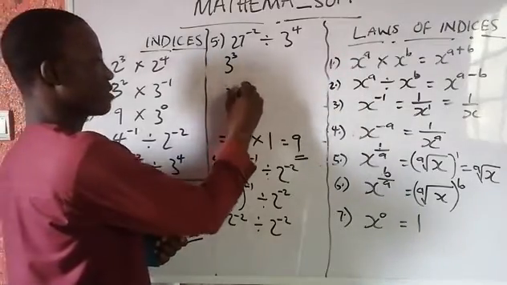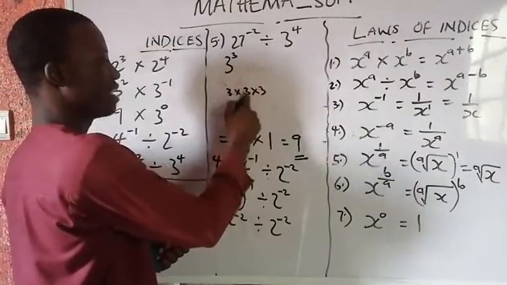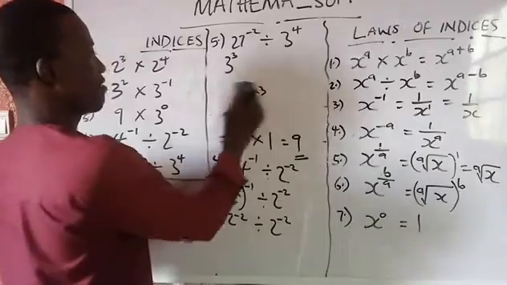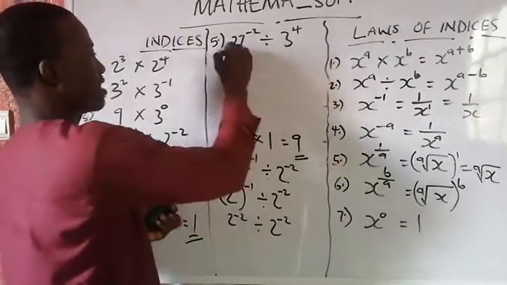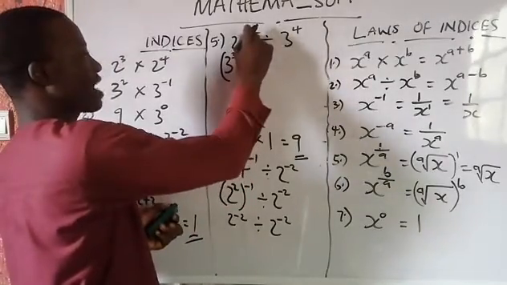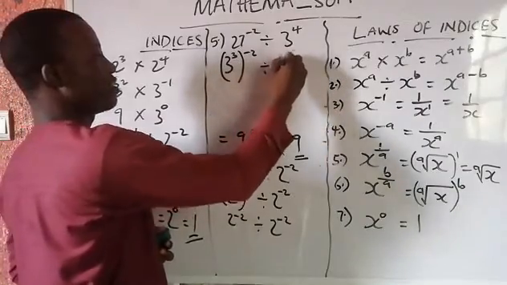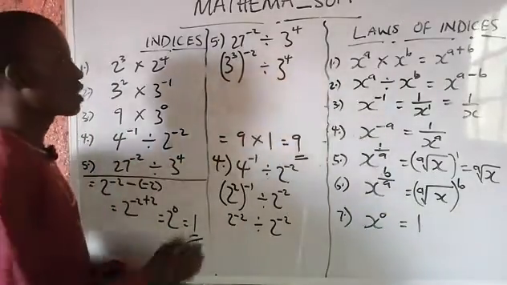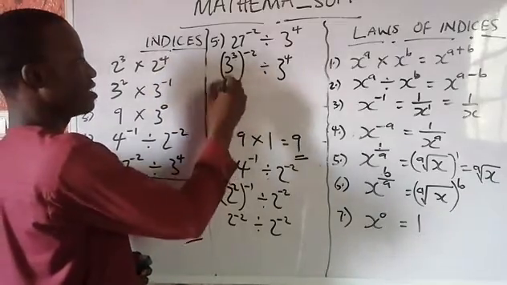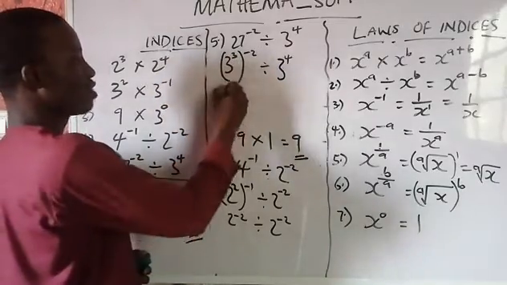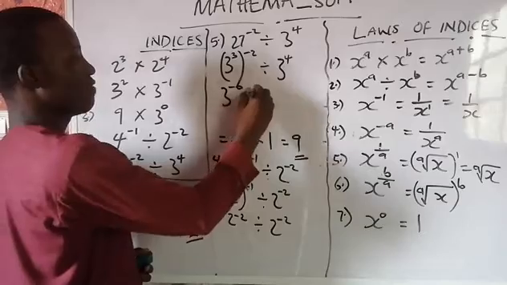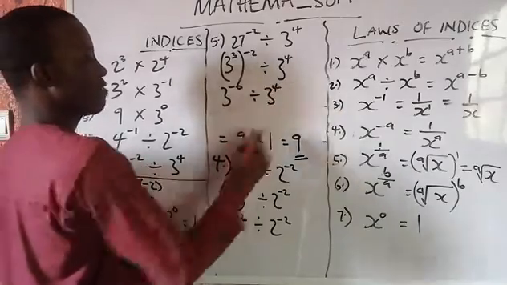Okay, 3 times 3 times 3. 3 times 3, 9 times 3, 27. So that's 3 raised power 3, that's 27. But it carries the power of minus 2, I'll put it there, divided by 3 raised power 4. Okay, then I can now say that 3 times minus 2 will give me minus 6 divided by 3 raised power 4.